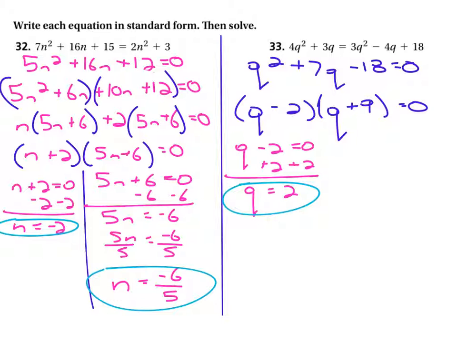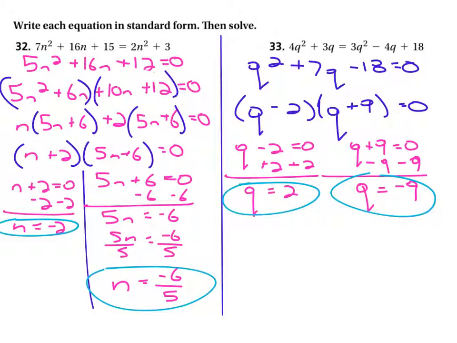Or q plus 9 could have been equal to 0, in which case, subtracting 9 from both sides, we find out that q equaling negative 9 would result in that binomial turning to 0. So let's circle that one. Those are our solutions, and this set is done.